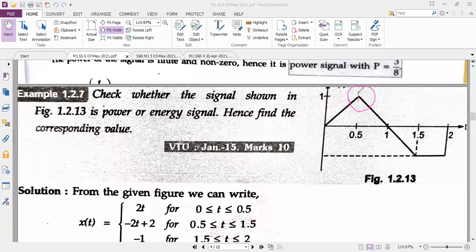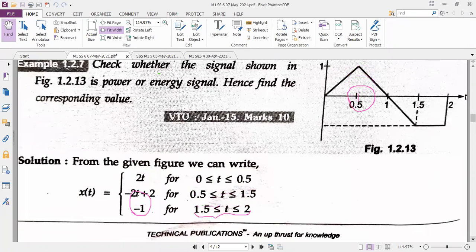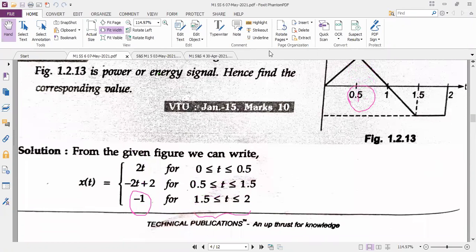So let me think in another way. Like that, I found the value 2t. So x of t is equal to 2t for the time interval 0 to 0.5. I want you to write this first line as you see on the screen. Is it fine?